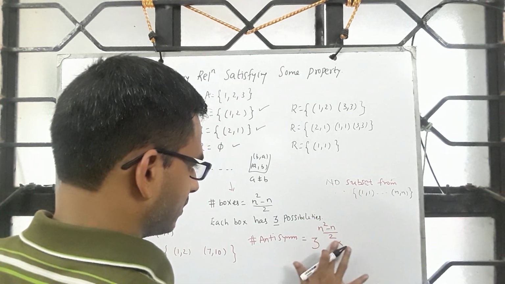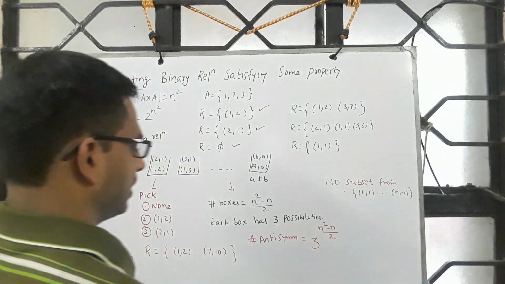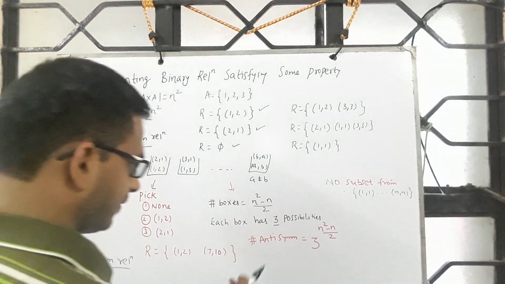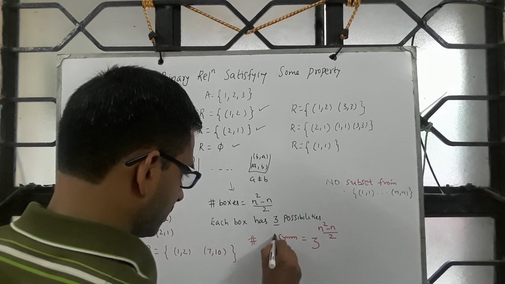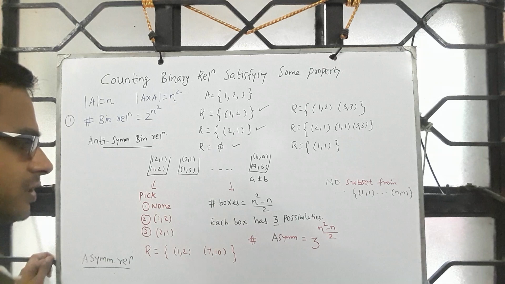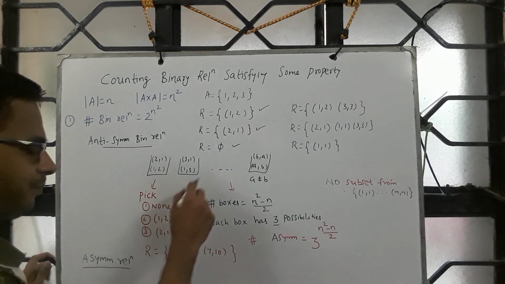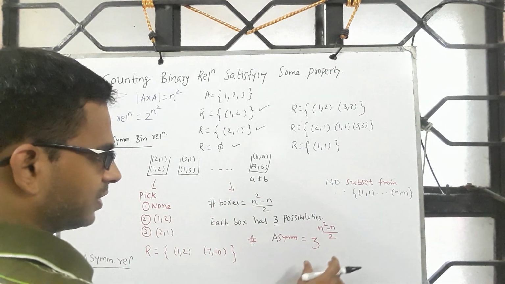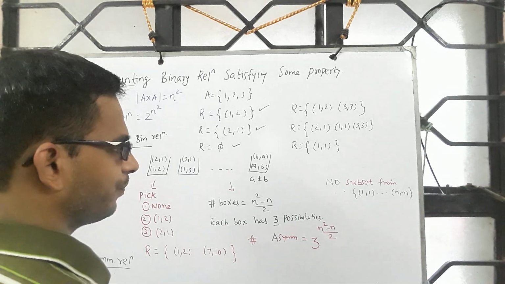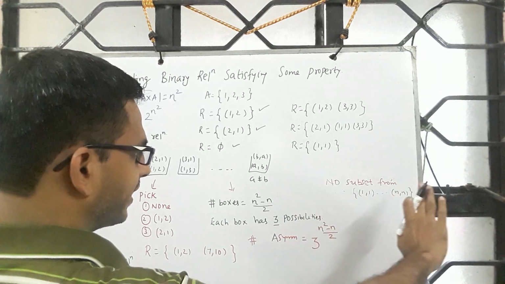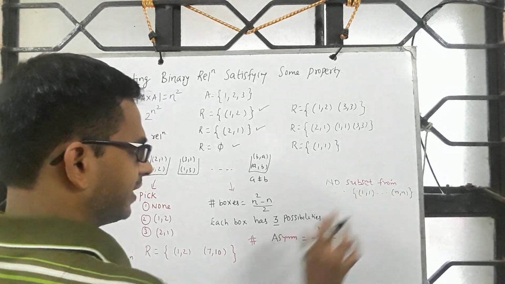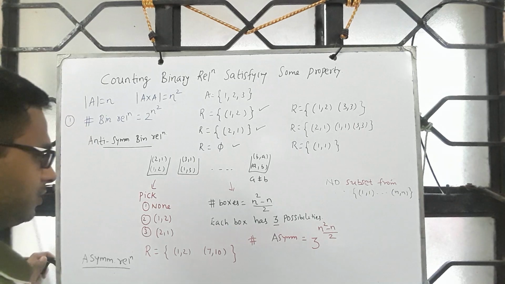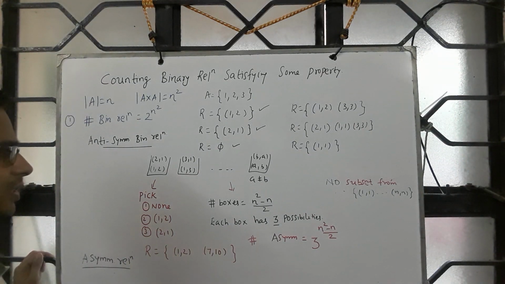So which means number of asymmetric relations, how much? From each of them you have 3 possibilities, then 3 power (n square minus n) by 2, and all diagonal elements must be ignored, so you cannot include any subset from this. So number of asymmetric relations are precisely this much.